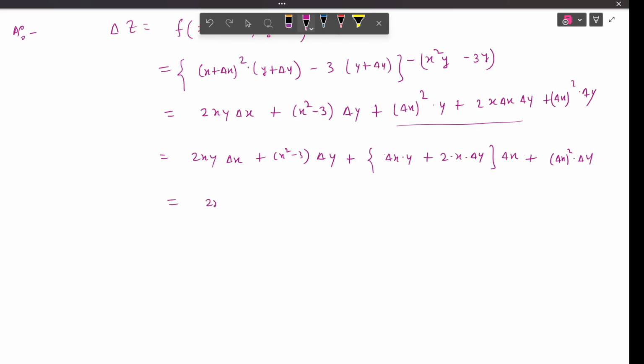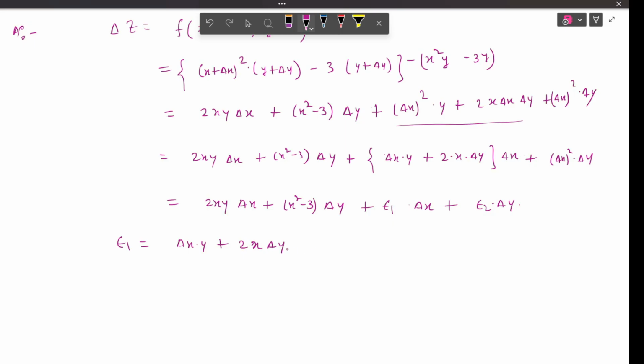Now 2xy delta x plus (x square minus 3) into delta y, we can say this is epsilon 1 into delta x plus epsilon 2 into delta y. So this is in the general form. So here we can say that epsilon 1 is delta x y plus 2x delta y.